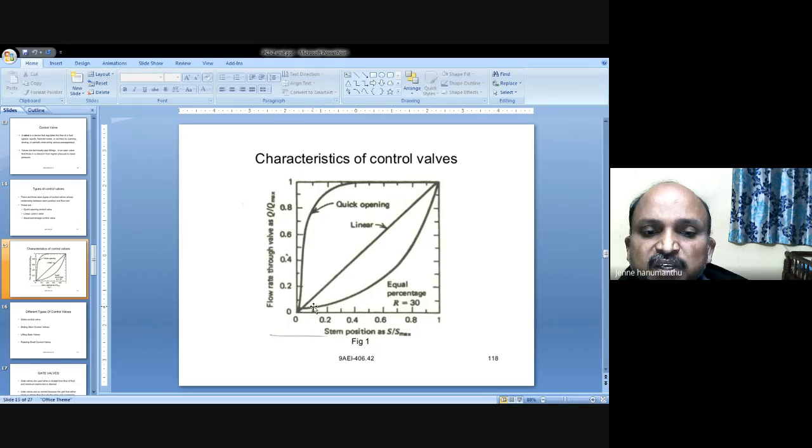See, it is a non-linear graph. At any stem position, you can expect how much flow rate is available. This type of graph characteristic is provided in the equal percentage control valve.